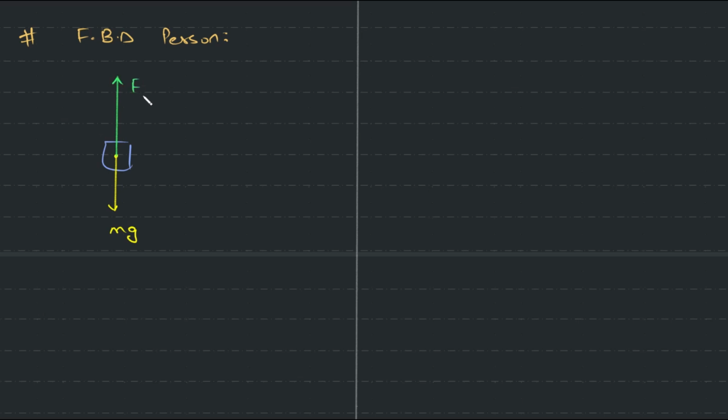Because this is more. What is more? This is F. I'll call it F N. Okay. So we'll see what is the value of this. So this will be your positive direction. So let's look at this. We know that F net is greater than 0. Right? This is as per 1.